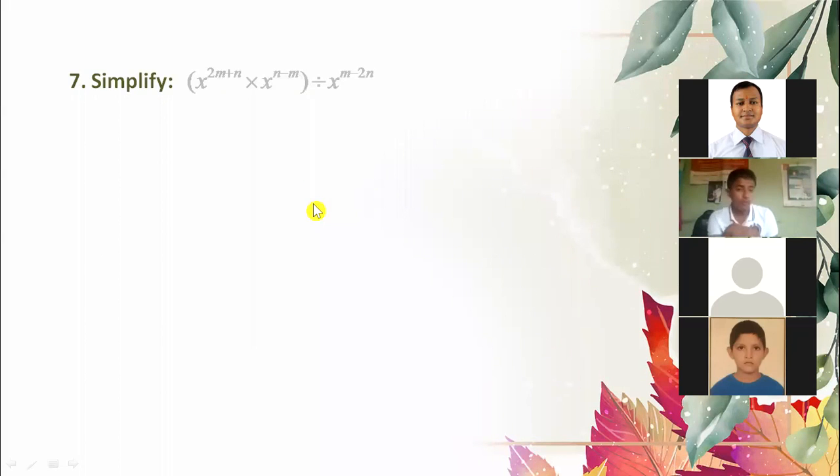Question is x power 2m plus n into x power n minus m divided by x to the power m minus 2n. That is our question.